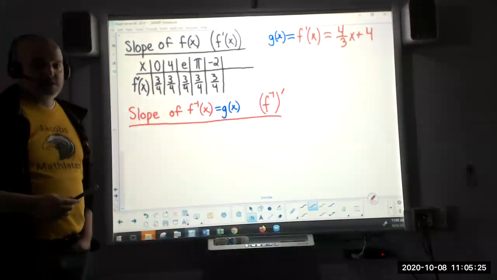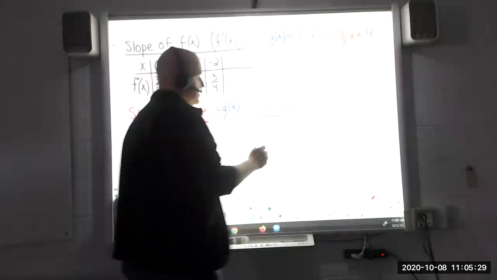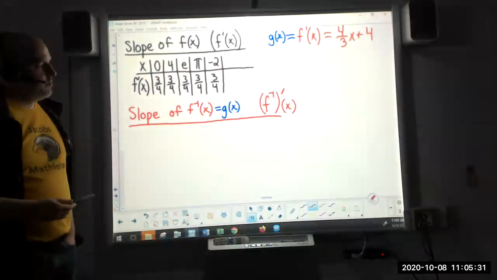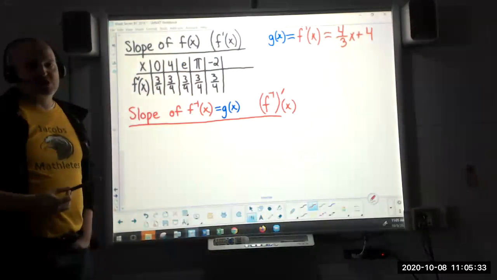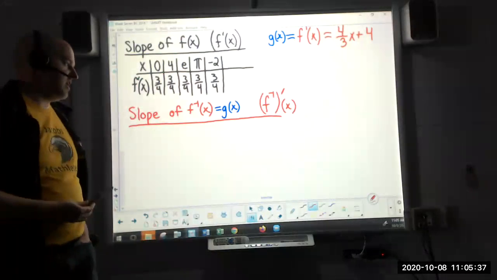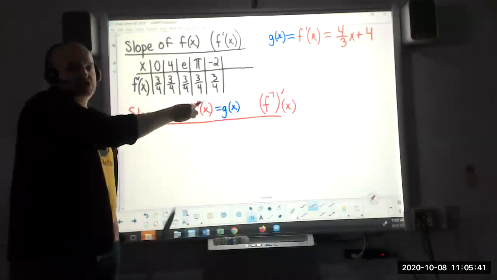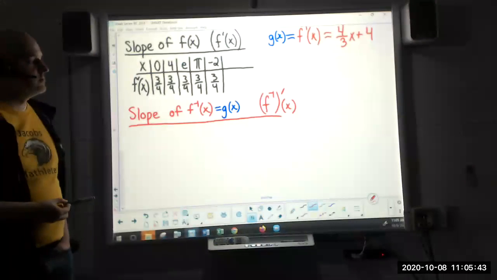So that is the notation for writing f inverse prime of x. And it's really pernicious because it sure looks like times, doesn't it? But that is the notation that we have when we write f inverse prime. That's often why it's preferred to just say g is going to be the inverse of f.